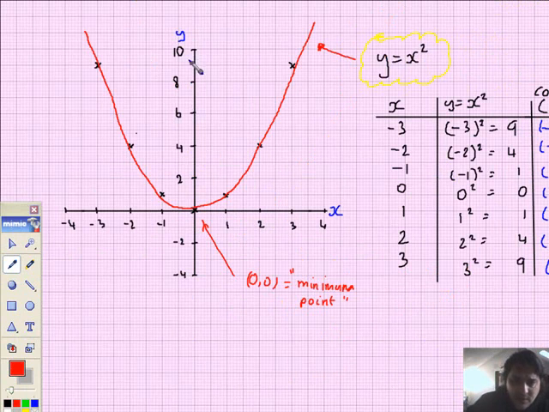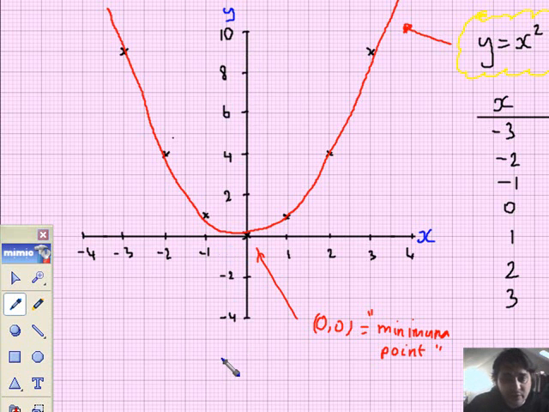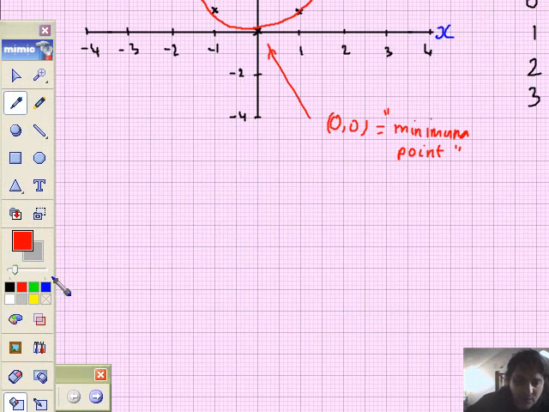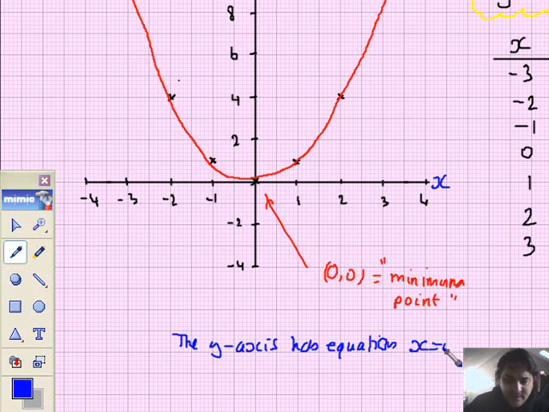Here's another thing you need to learn. Look at the y-axis. It cuts the graph exactly in half. So therefore, the y-axis behaves as a line of symmetry for that graph. So I'm going to write it down here. The y-axis has equation, you should know this, but I'm going to tell you anyway, x equals 0.